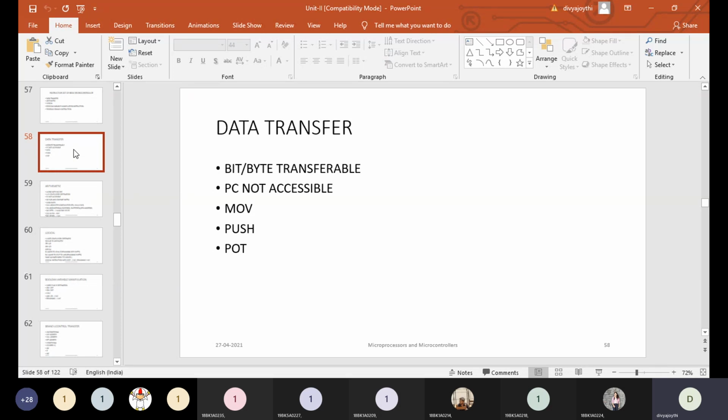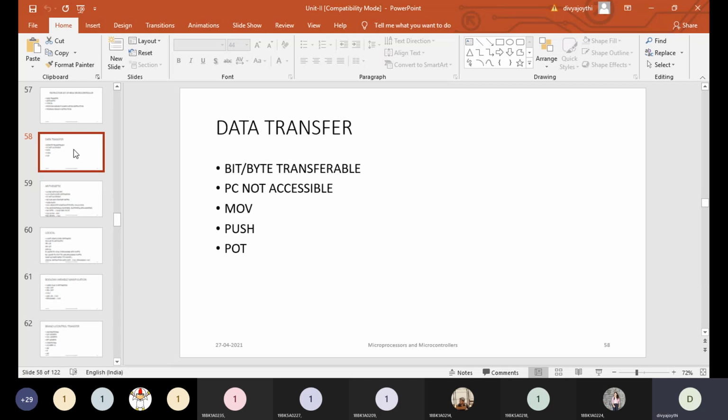Another thing is that, as I told you in the beginning, all the registers cannot be used in all kinds of instructions. The program counter, PC, is a 16-bit register, and it is a general purpose register. Usually when we talk about general purpose registers, we say they are used in developing the programs.